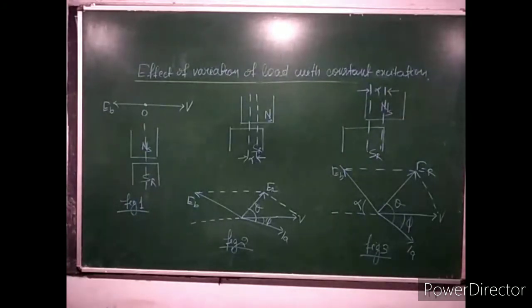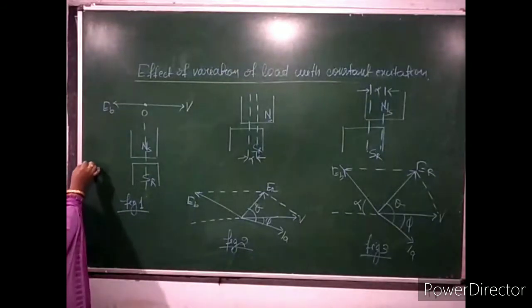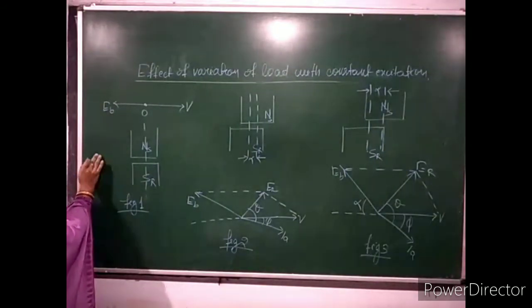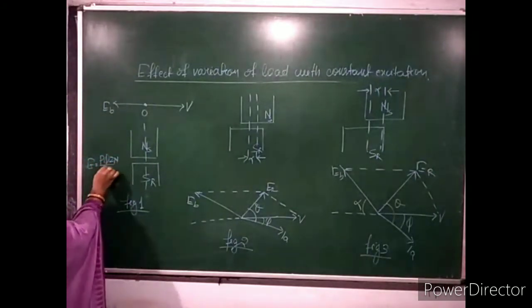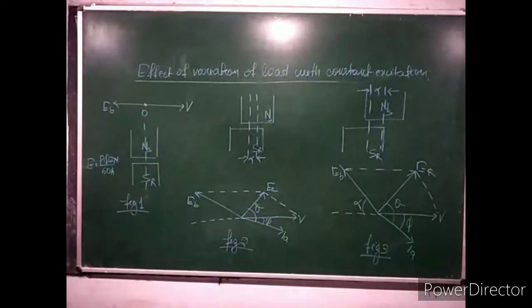As you know, students, in case of a DC machine, if load increases, the motor speed decreases. What is the speed equation or EMF equation? It is P phi Z N by 60 A in case of a DC machine. Okay, if you increase the load, then speed decreases.